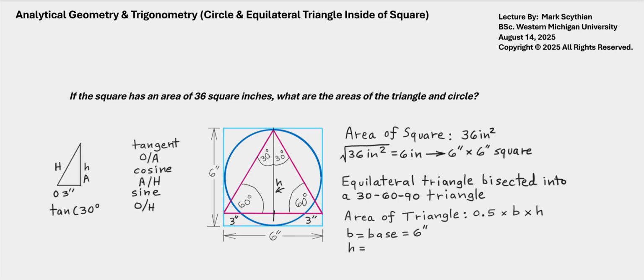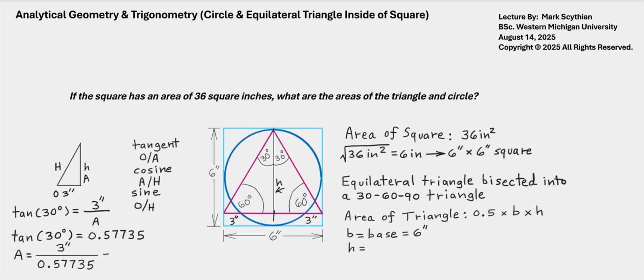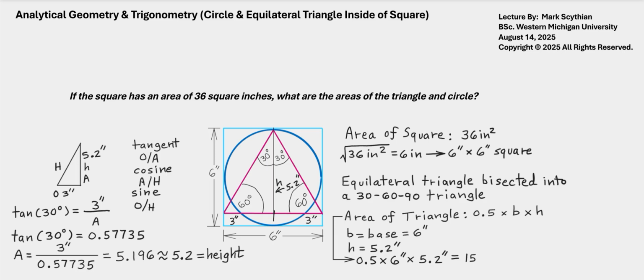So knowing that, we can apply tangent of 30 degrees is equal to 3 inches over A, and then algebraically solve for A. So we get 5.2 inches is the height of the triangle. So now we just simply multiply 1/2 times the base of 6 inches times the height of 5.2 inches, and then we calculate a triangle area of 15.6 square inches.